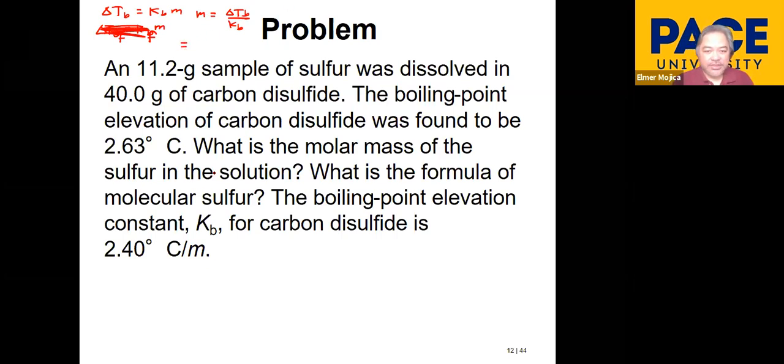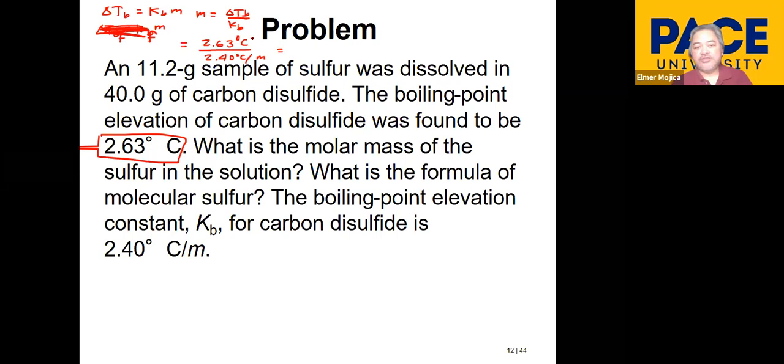You have here the boiling point elevation of 2.63. That itself is your delta TB. And what is KB? It's given here as 2.40.